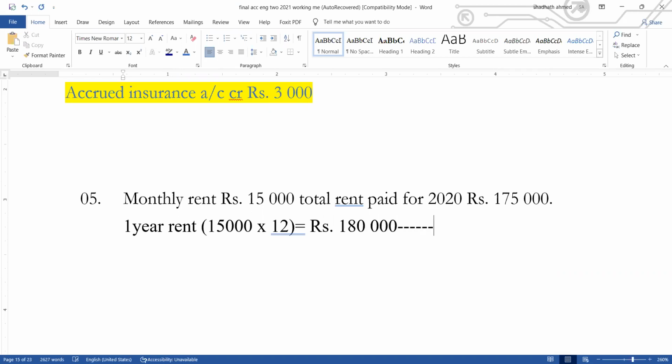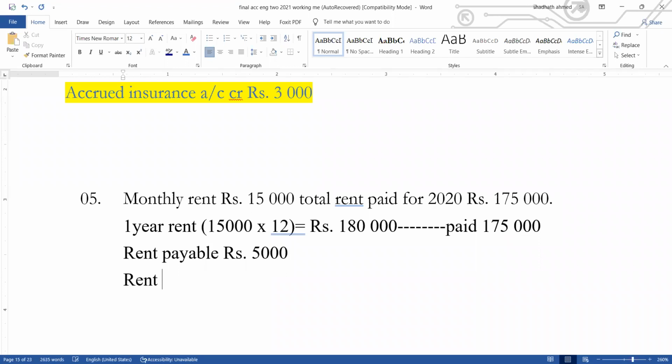What is the amount paid? Paid for 2020 is 175,000. So accrued rent, rent payable we can say. How much? 5,000. So it's very easy now. Rent payable 5,000.